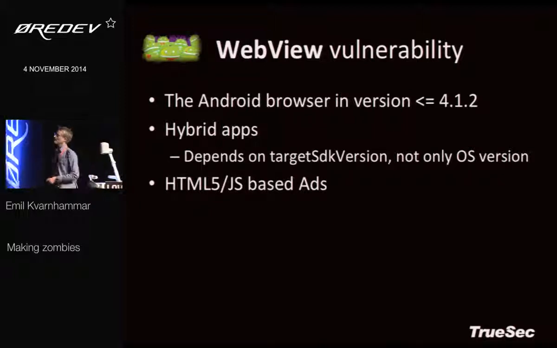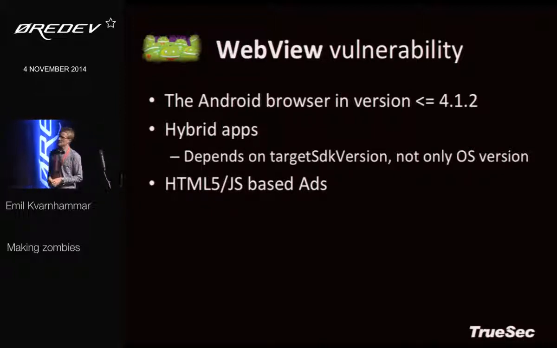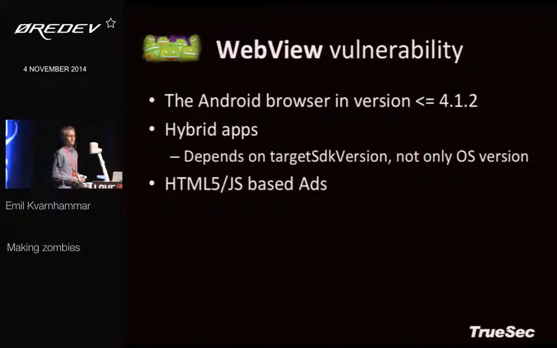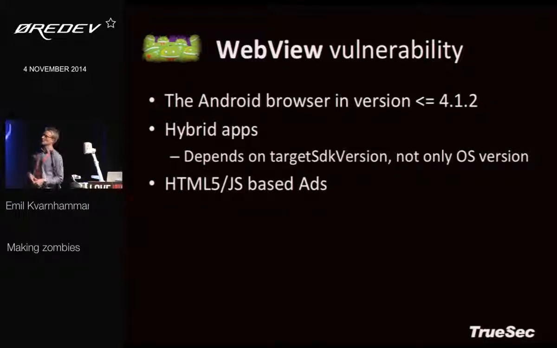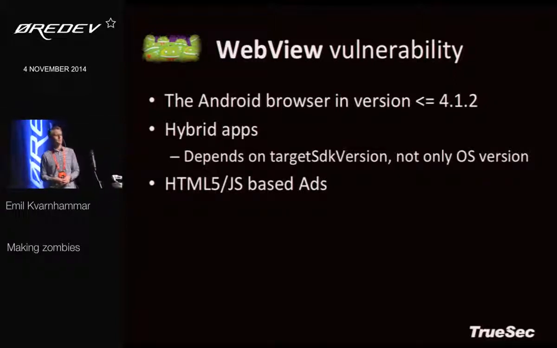I think it was in Android 4.2, this is not an exact science because some of the OEMs backport certain fixes that are of high priority. But somewhere around 4.2, they fixed a vulnerability in Android WebView, which is used in hybrid applications to load web content inside an app.